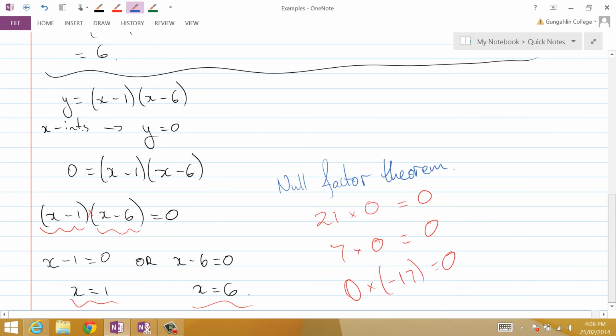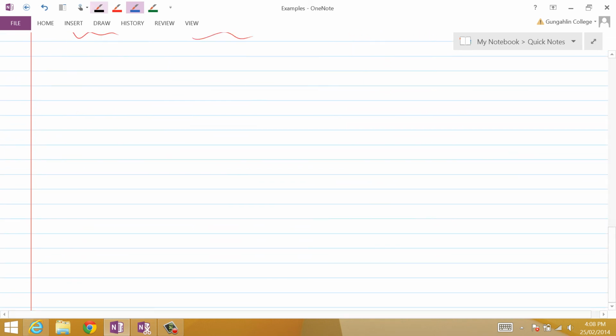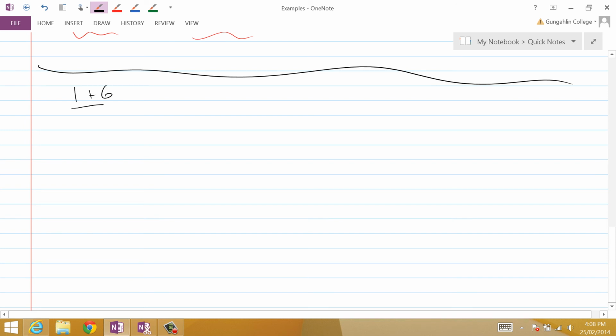The best way to do that, if you're not sure, is just to average the two. To average things, we add them up and divide by how many there are. Here we've got 1 plus 6, that's 7, divided by 2. 7 divided by 2 is 3.5.